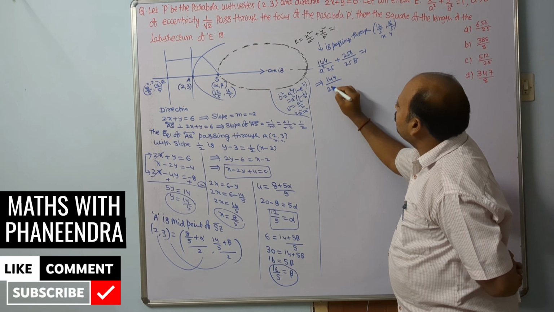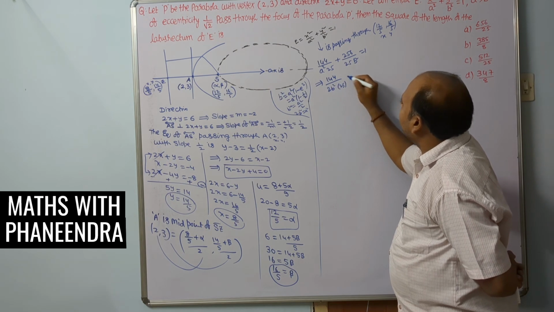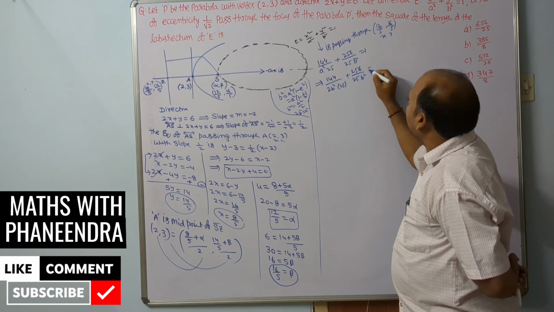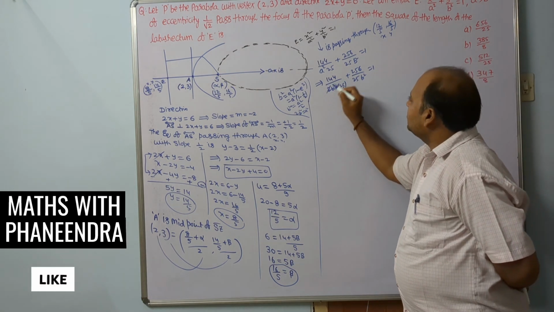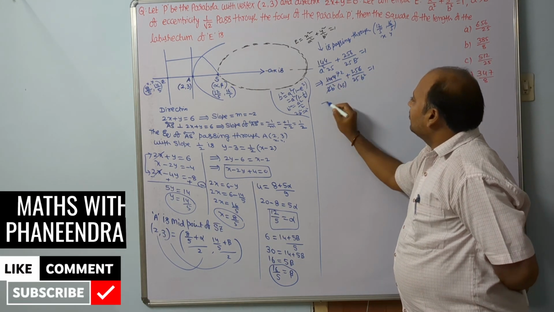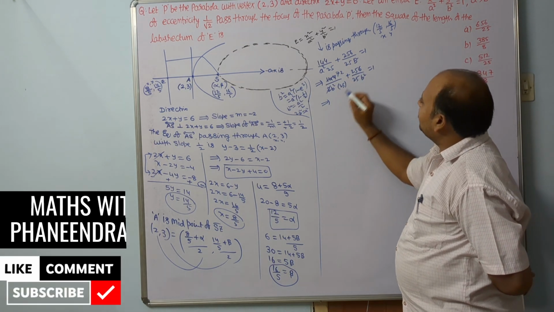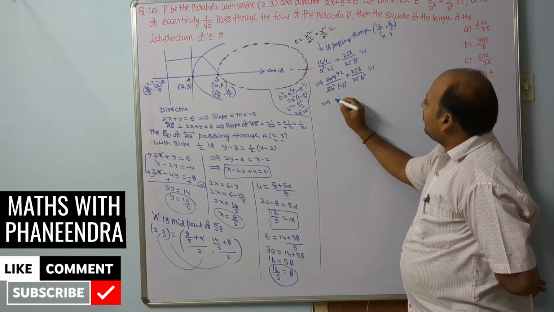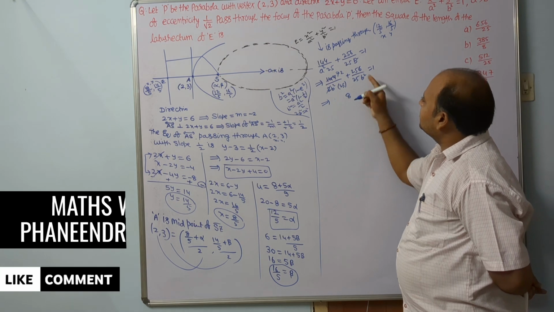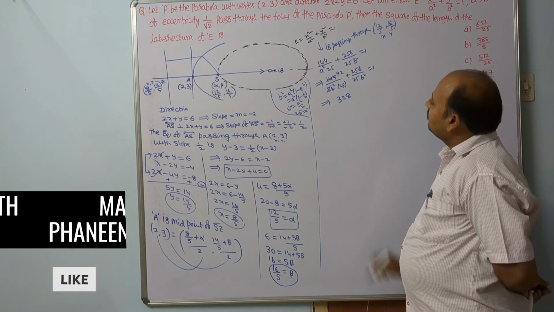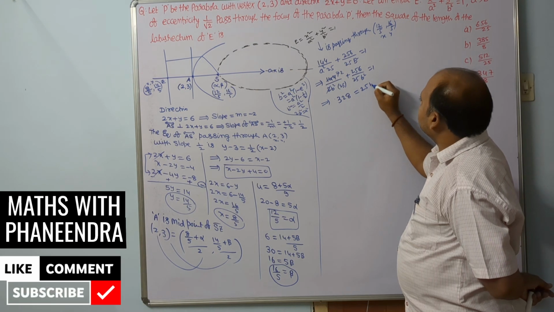144 divided by 2b square into 25 plus 256 divided by 25b square equal to 1. 2 ones are 2, 72. So in both terms, taking 25b square as LCM, 72 plus 256. What comes here? 328 is equal to 25b square.